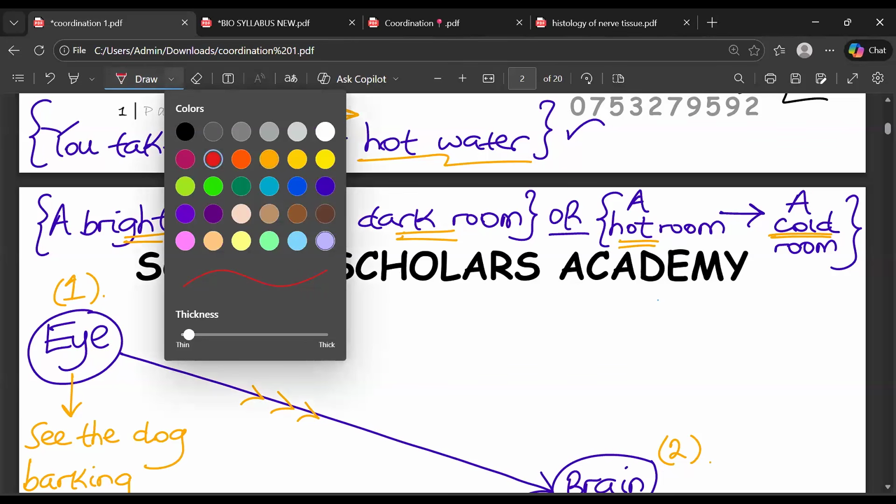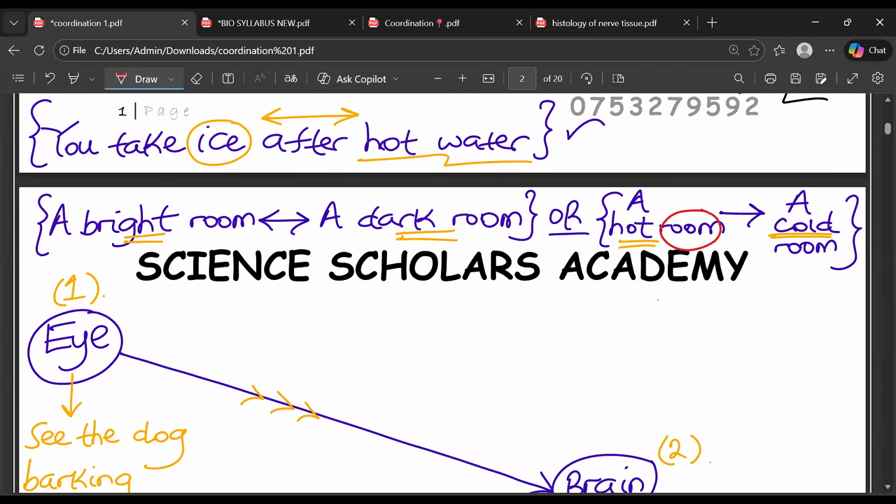So when I talk of a room, this environment is external. You need to go away from those O-level definitions. In O-level, they were telling you only external environment. But now we are going to what they call internal environment. Remember, you are taking ice, you're ingesting it into your body. So that environment, your own body, can't be external. It is internal.